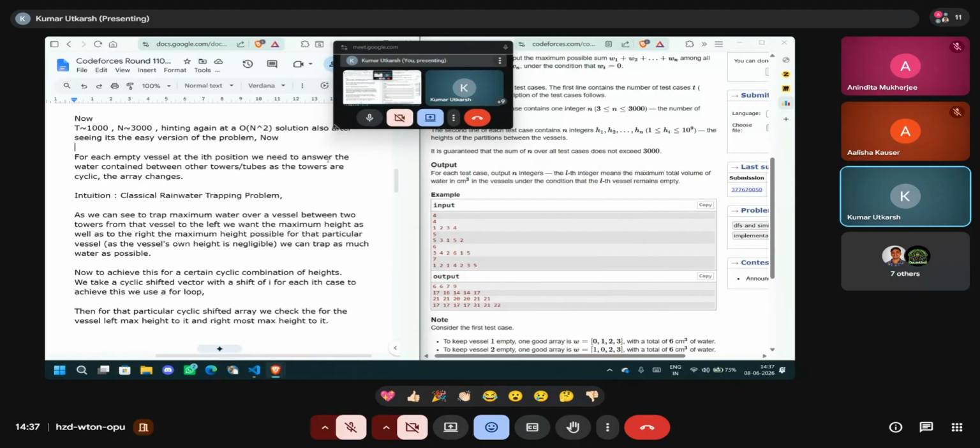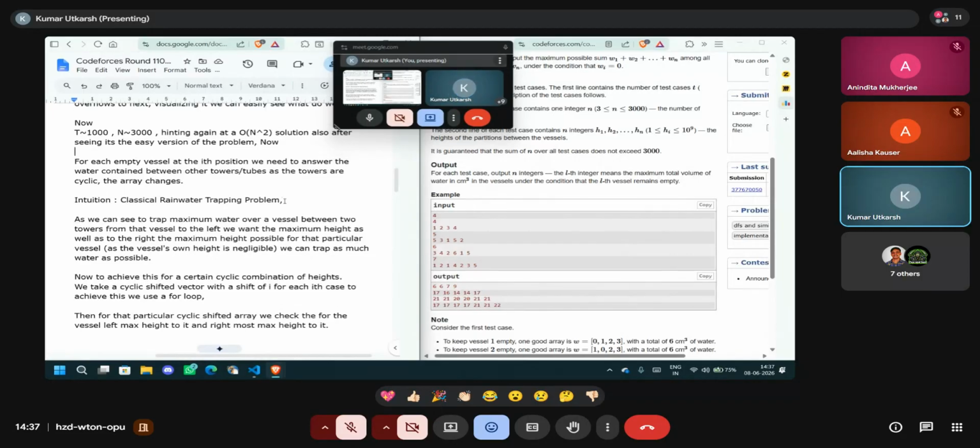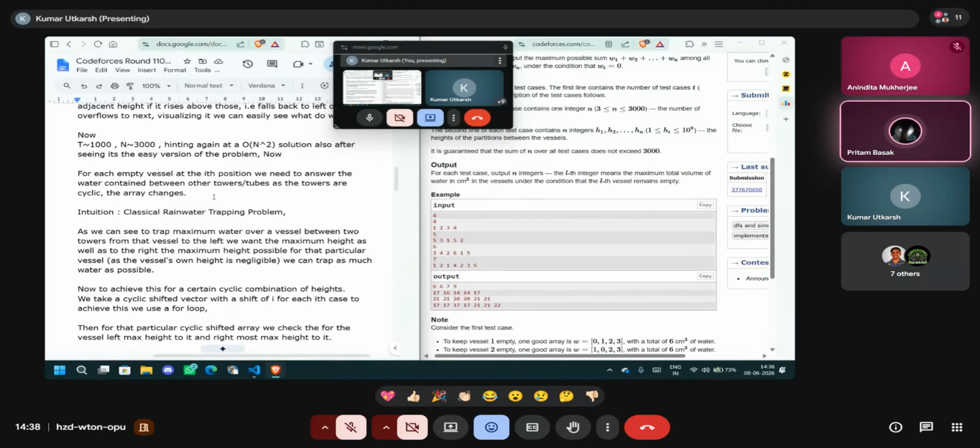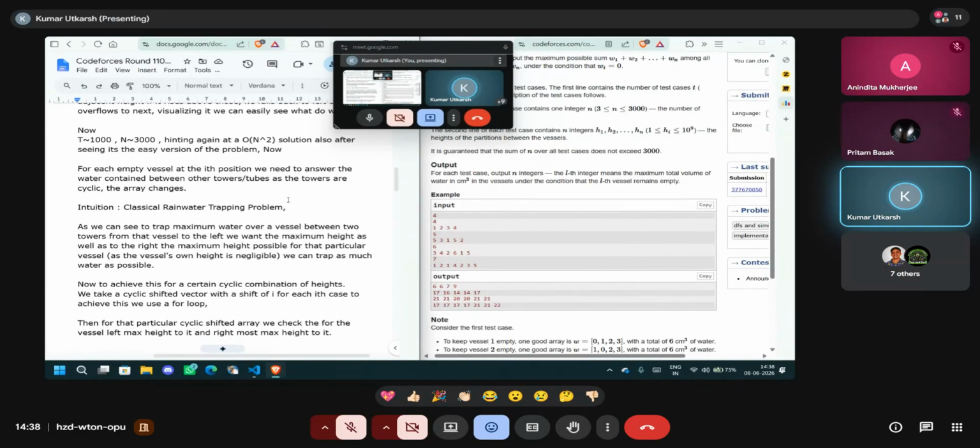Have you heard of the classical rainwater trapping problem, which introduces us to monotonic stack? Although I haven't used monotonic stack here for better understanding. Have you guys heard of the question? Yes, I have done it on LeetCode. And that's why you were able to understand what was going on here, right, Pritam?